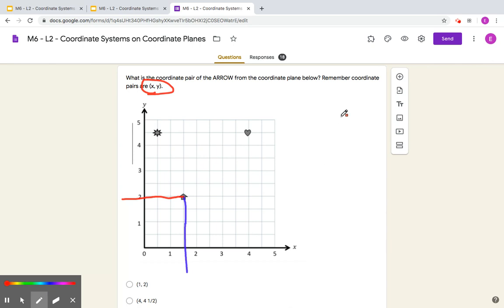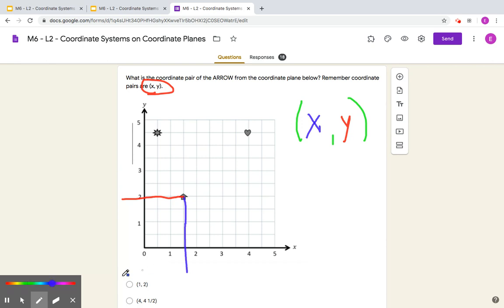So we need to figure out what is y and what is x and find the point that matches. And guys, it's x, y, or over and up, over and up. And you could think about it in alphabetical order too. X comes before y in the alphabet, so it goes first. So let's take a look.